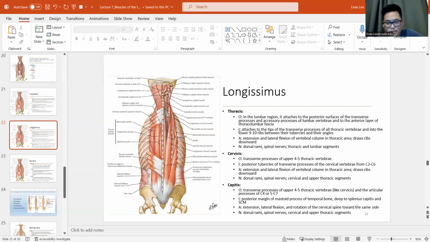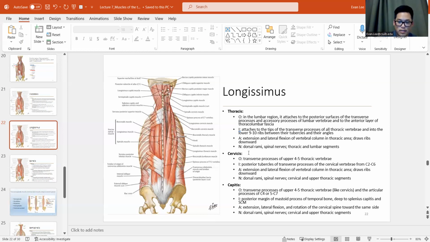And then capitis, remember, capitis is a little bit different. Capitis is going to be going to the head. So in this case, it's actually going to be connecting very close to a lot of other muscles at the mastoid process. So the mastoid process is on the lower back side of the head, and that's where you'll have the capitis region of longissimus attached.